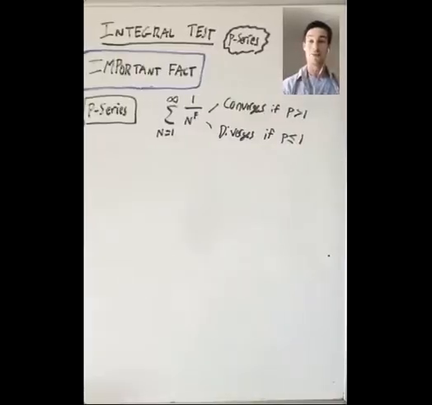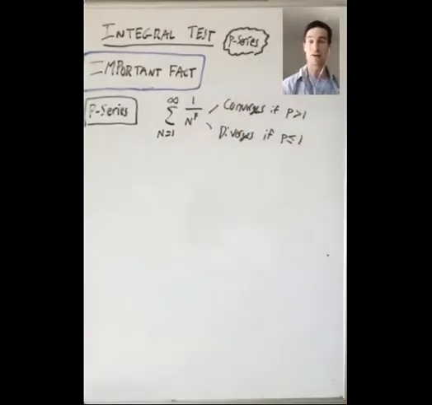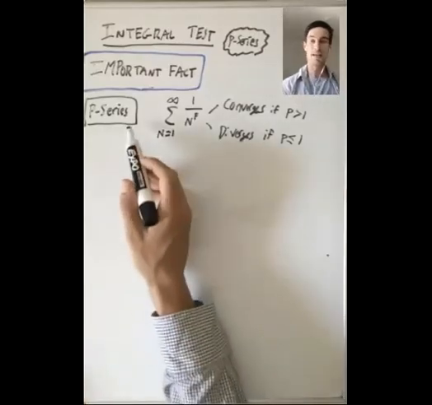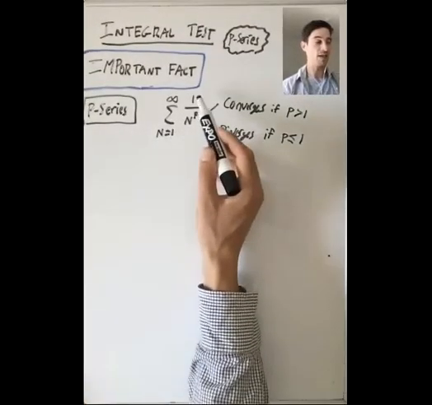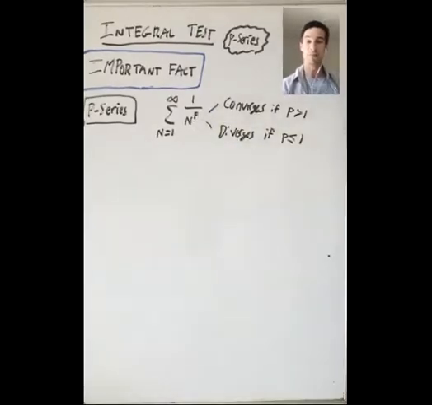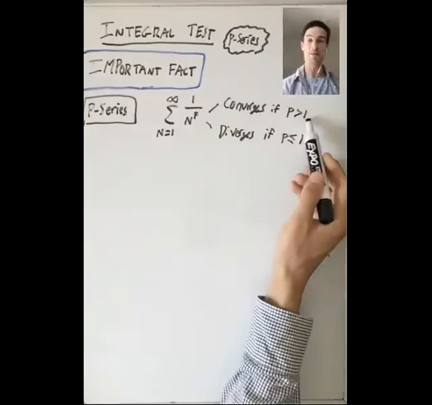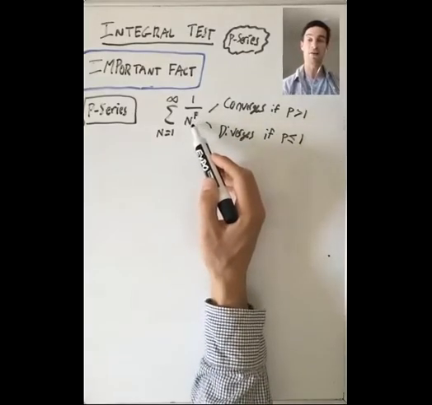Here is a really important fact that we're going to use over and over again throughout the rest of the course. What is a p-series? It's a sum from n equals 1 to infinity of 1 over n to the pth power, where p is some real number. This converges if p is bigger than 1. We already saw p equals 2, that this converges.